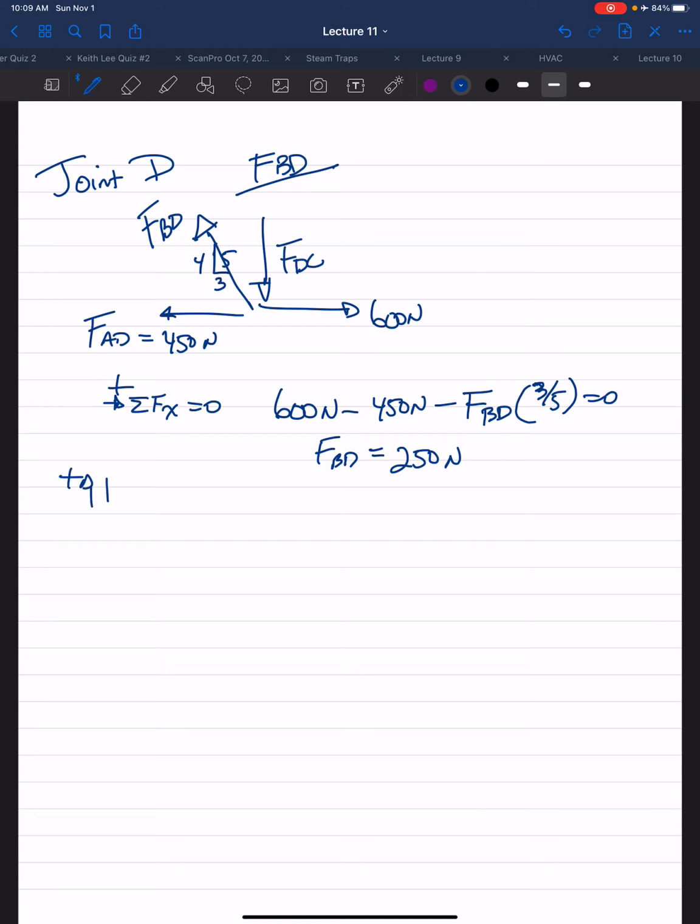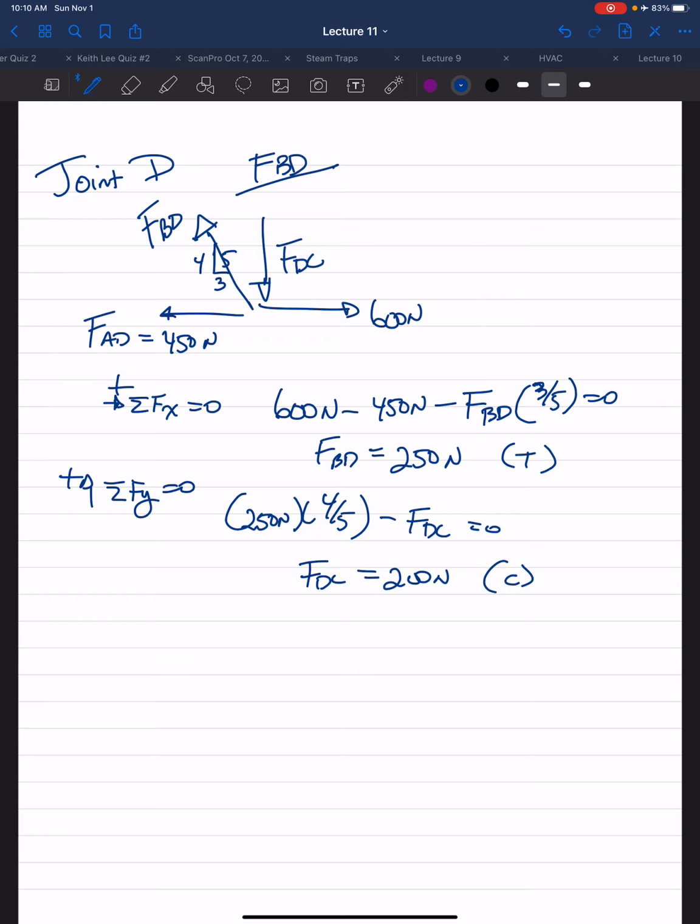Then the sum of our forces in the y direction, we know our FBD now is 250 newtons times the y component, which is 4/5, minus our FDC equals 0. FDC is 200 newtons. FBD is pulling from joint D, so that's in tension. FDC is in compression.